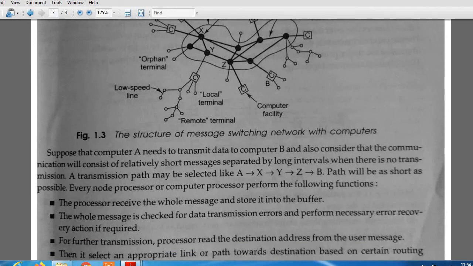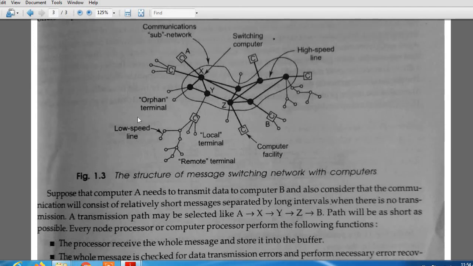So how does it work? First of all, the processor will receive the data, the whole message. Next, it will read the destination address, that means from here the destination is X. In between, after receiving the data, it will check for errors in the received data.